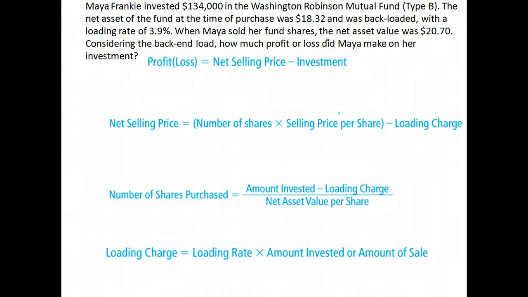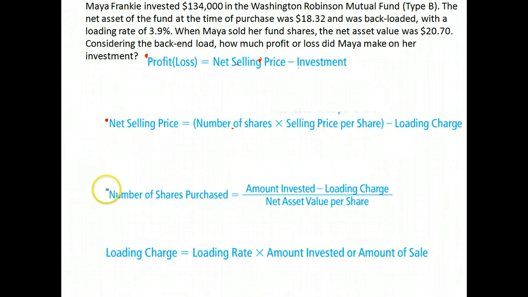All right, now here comes the biggie. Here we are doing a full investment problem and finding the profit or loss. Here are all of our formulas. Your profit or loss is calculated by taking the net selling price minus the investment. But then we would have to know the net selling price, so we have our formula for net selling price. It's the number of shares times the selling price per share, minus the loading charge when you're selling it.